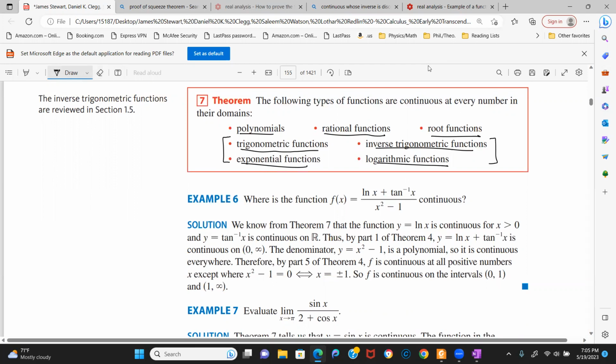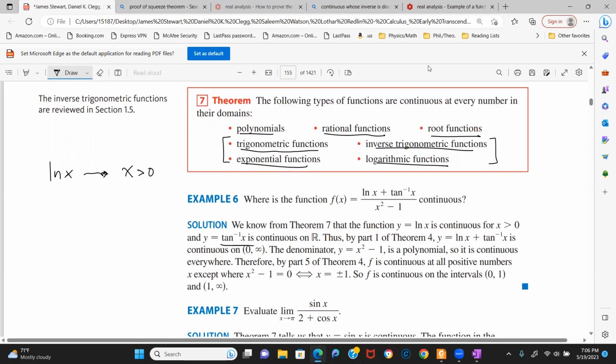So what's the domain? The question about where the function is continuous just amounts to figuring out what the domain is. So what's the domain of this? Well, we have quite a few restrictions actually. First of all, we have ln of x in the numerator, so that implies that x has to be positive.